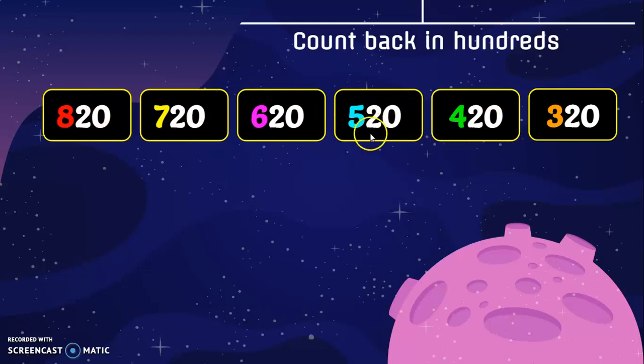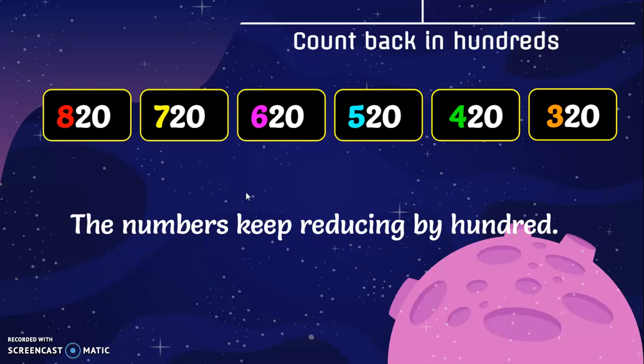The upcoming numbers become smaller. From 820 to become 720, you must subtract 100. So this number sequence is count back in hundreds, or we can say that the numbers keep reducing by 100.